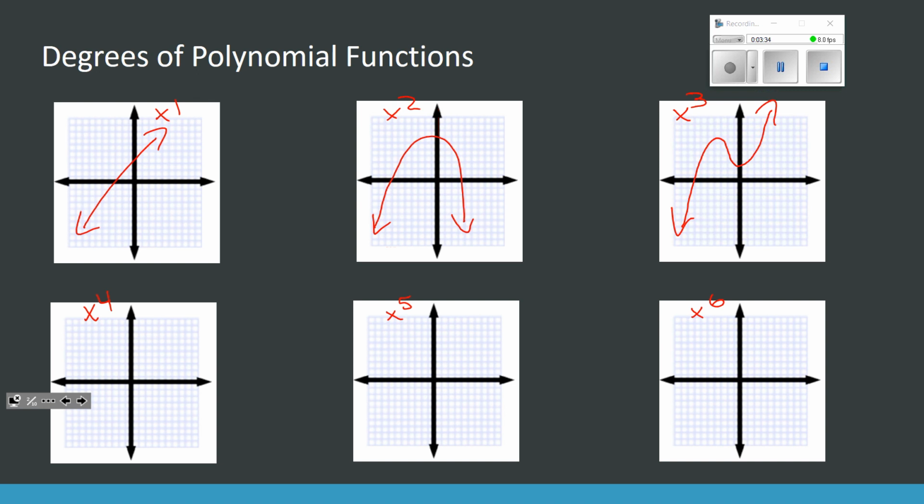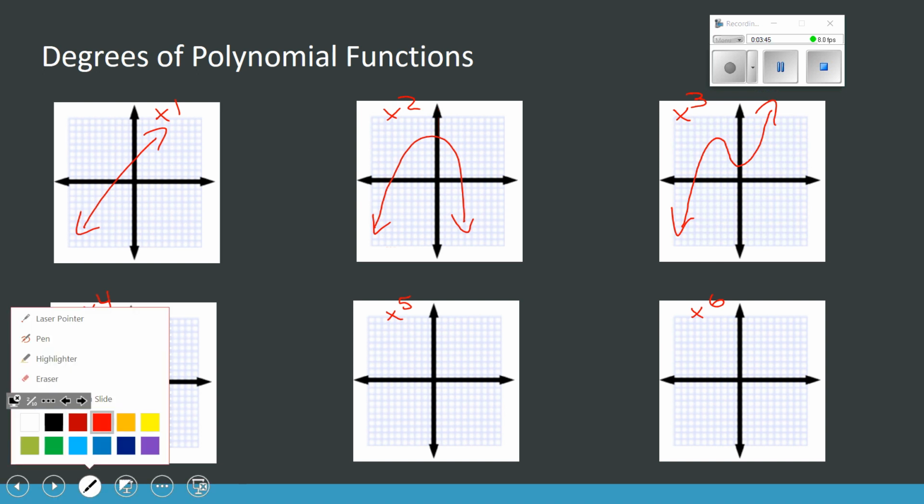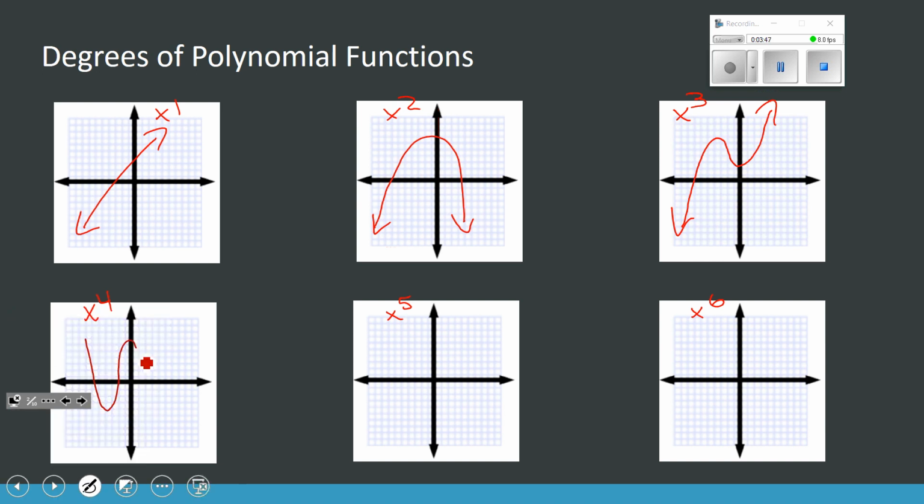So if we drew a fourth degree function, what would it look like? An M or a W. So it could go 1, 2, 3, 4. Something like that. Okay, the M is fine too. You can start it going negative first if you'd like to.